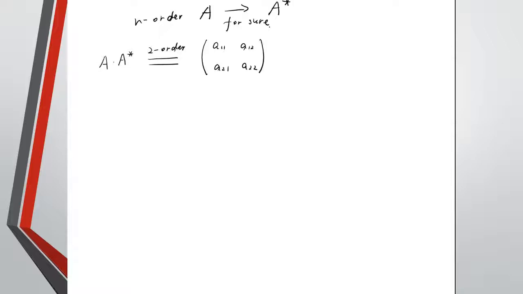This time, we have our adjoint matrix, but remember, we have to transpose it. So A11, A12. Yes, remember the A12 should be in the same column as A11 instead of within the same row. Okay, so A21 and A22.